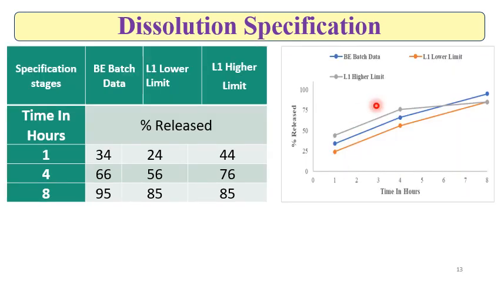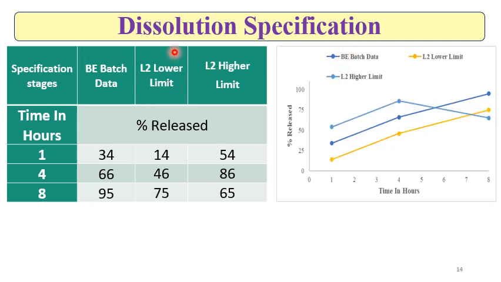Now you can see here, you will get the relaxed limit for your specification, and this will be the higher limit, this will be the lower limit, while the last time point will be nearly the same. Then coming to the L3 stage, here it will also get relaxed by 20%, while the last time point will have a relaxed limit of 75% for lower limit and 65 for higher limit.